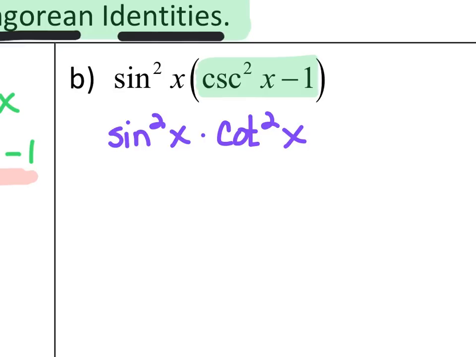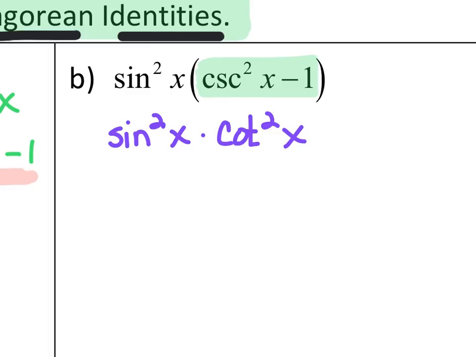Now, although there's no parentheses or denominators or plus or minus in this problem, I know that cotangent is cosine over sine and that the sines will cancel.